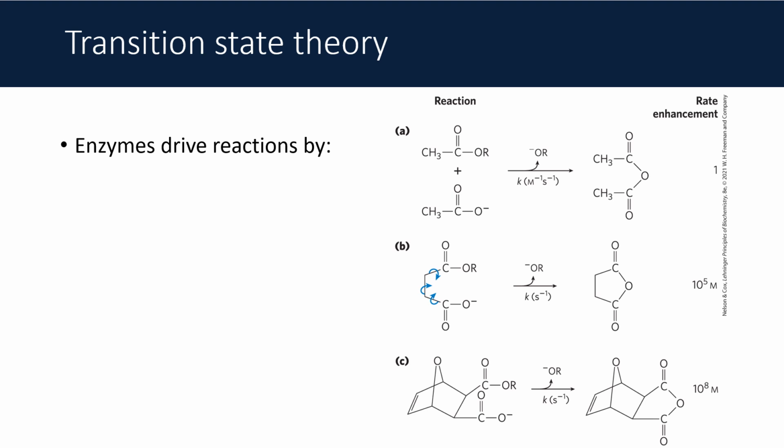If we consider a very simple anhydride synthesis between these two compounds coming together bimolecularly, into this anhydride, they will do so at a certain rate, which we will define as 1 for the time being. What happens if we did the same experiment, but we made it a unimolecular reaction?